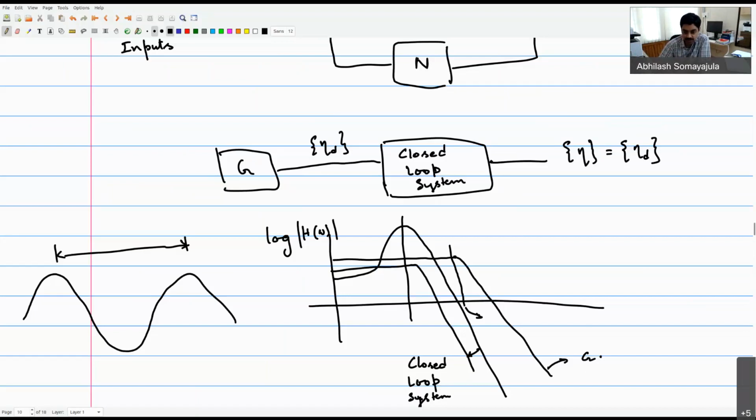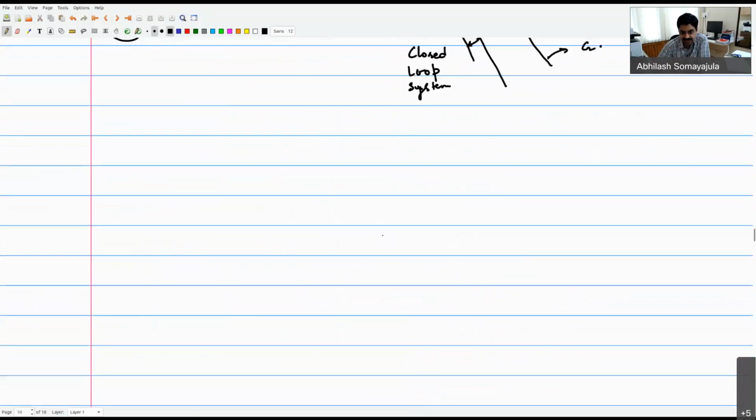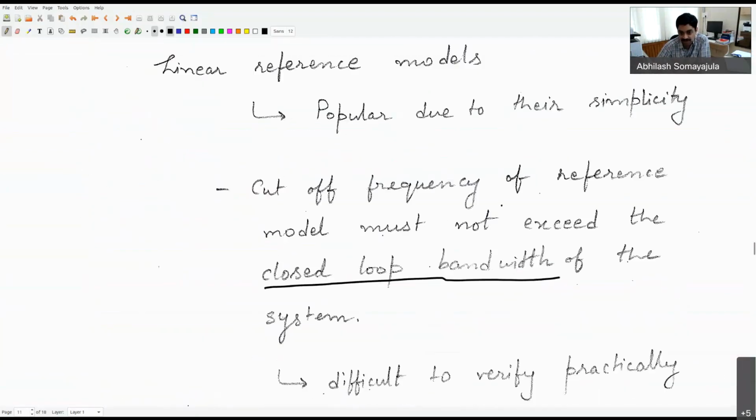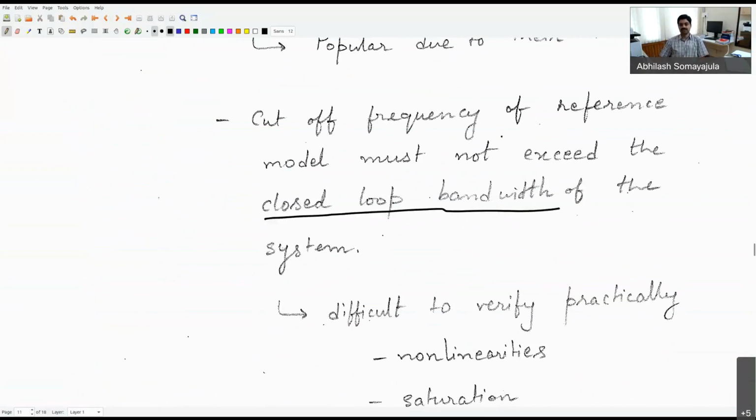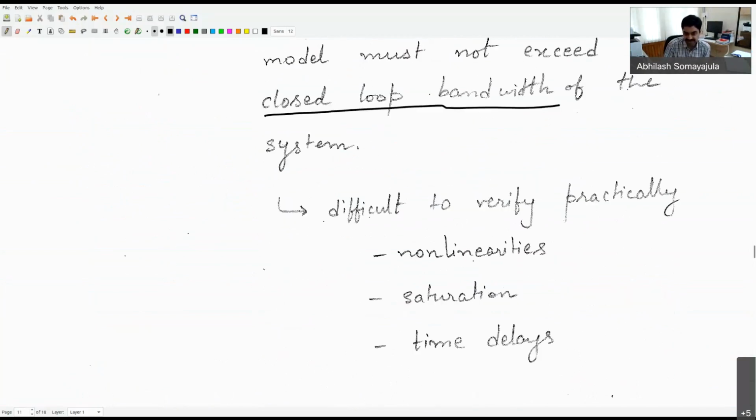Okay, at least I hope this part is now clear that whenever I have a bandwidth, the reference cutoff frequency of the reference model must not exceed the closed loop bandwidth of the system. But as I said, when you have nonlinearities, saturation included in your system, or you have time delays, which means that I gave some command, but the system actually doesn't respond until a few seconds later, then you don't know that the system is linear.